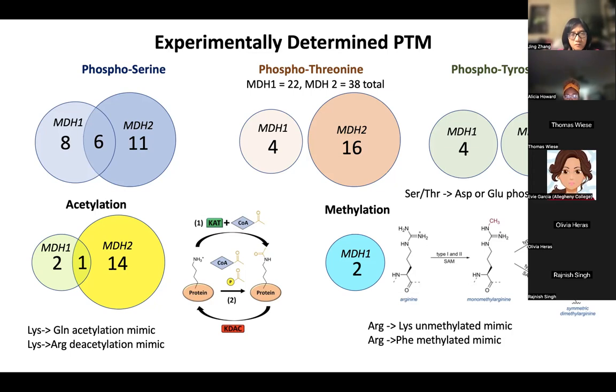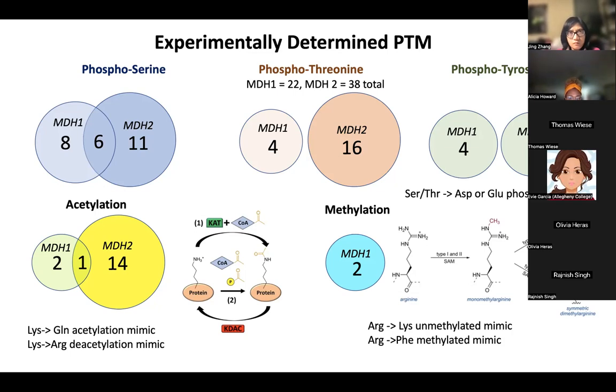So my students over the last couple of years, including this summer, looked at these databases, and especially if they were in 2 or more different sites showing up to be phosphorylated, we counted them. So we were being pretty tight in our screen. Plus we used the more stringent screenings when we were picking which phosphorylations. And you can see here, normally we would just lump serine and threonine together, but it's interesting that overall we got 22 experimentally defined cytosolic MDH sites of phosphorylation and 38 for MDH2.